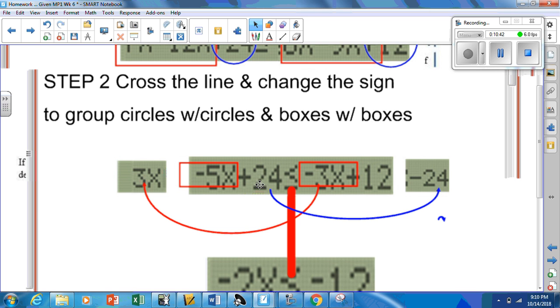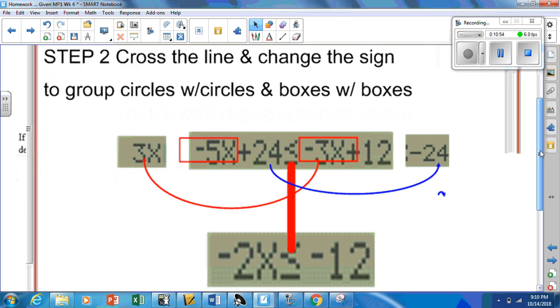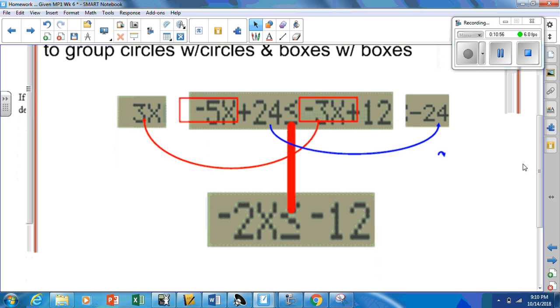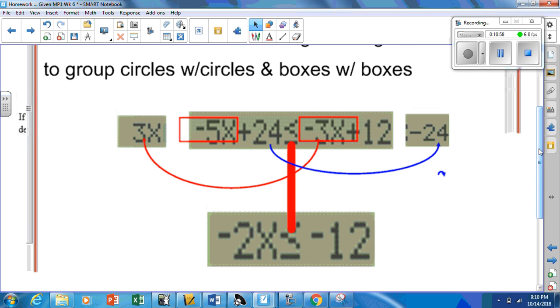Therefore, this 24 is being shifted over here, and that's now negative 24. And this negative 3 is being shifted over here, and that's now positive 3. The total sum of that is an inequality that looks like this: negative 2x is less than or equal to negative 12.